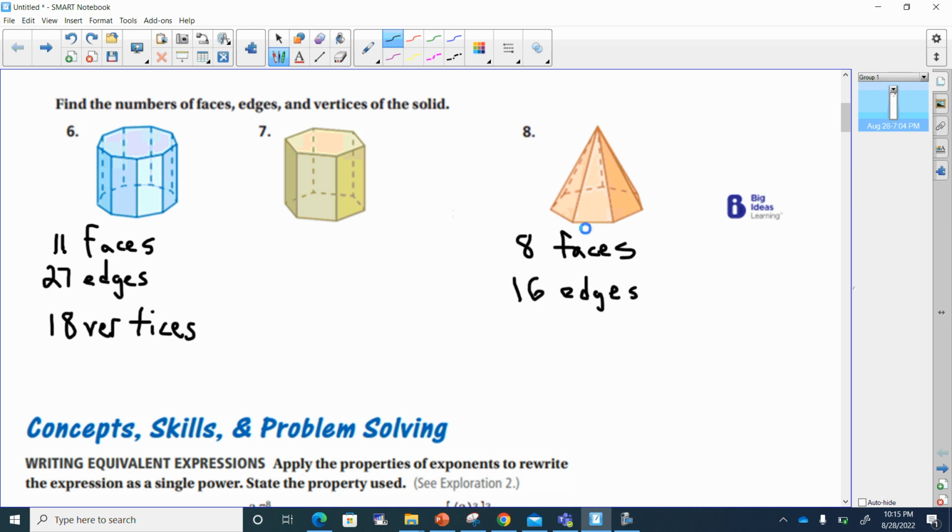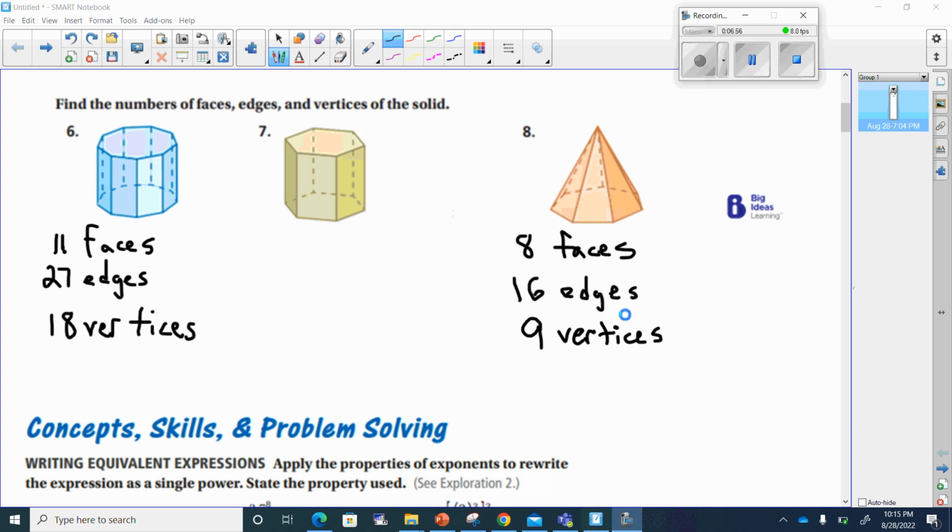And we're talking vertices. Each one of these corners here, so that's 8, plus the top one, right? I'm thinking that's going to give us 9 vertices. I'm just going to double check that by counting it here.